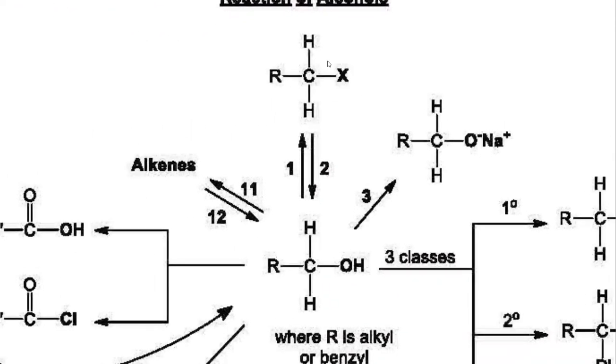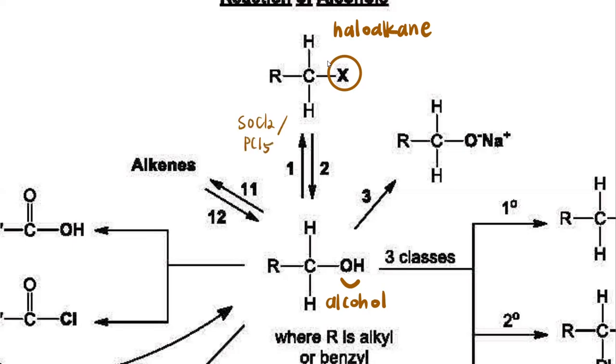So we have alcohol, and alcohol forming haloalkane. This is haloalkane, and this is alcohol. So the first reagent you can use will be thionyl chloride or PCl5.